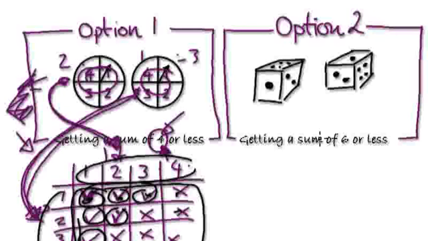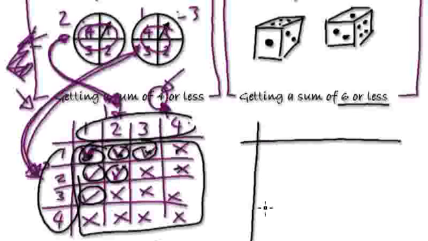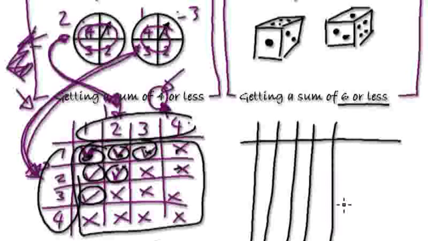Now let's analyze this one here. Again, we want to know the sum of 6 or less. So let's draw a map of all the things that could happen. So 1, 2, 3, 4, 5, 6.